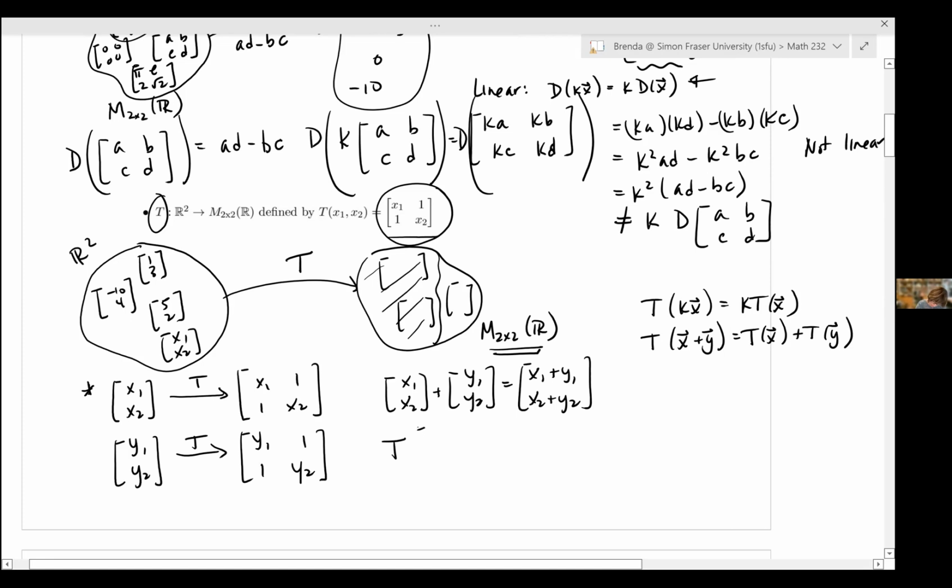I'm going to apply the transformation to this vector. This is x plus y. And let me apply it via the rule stated up here, which is to take the first input and stick it here, put a 1 here, put a 1 here, and take the second input and put it here.